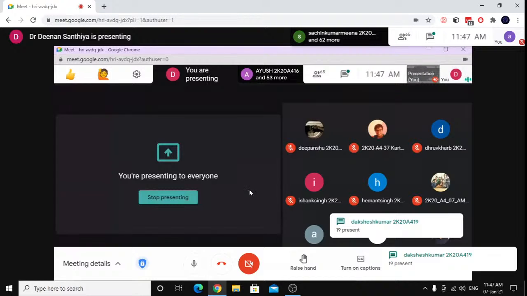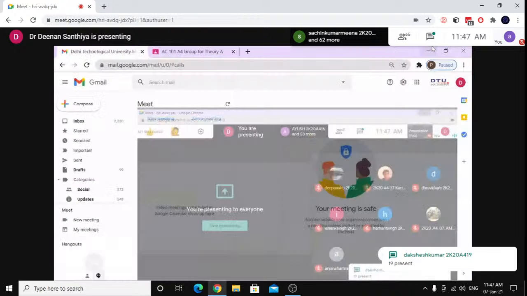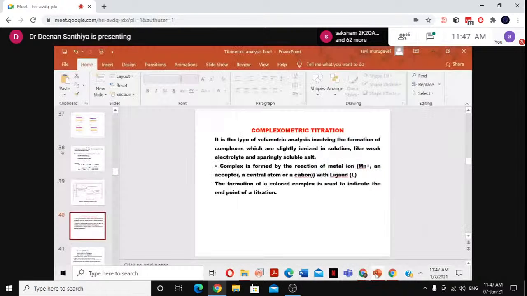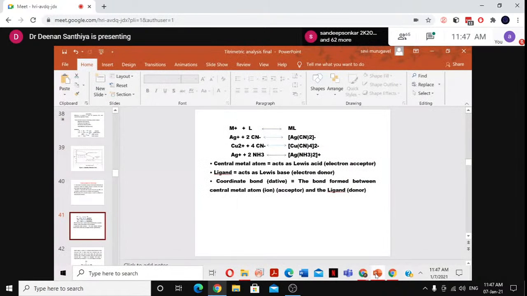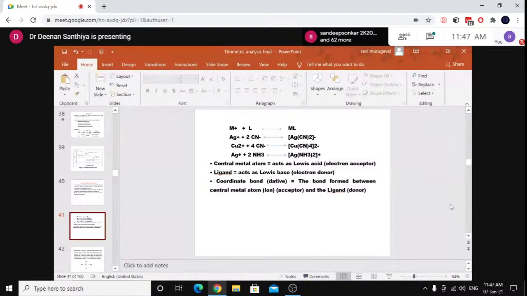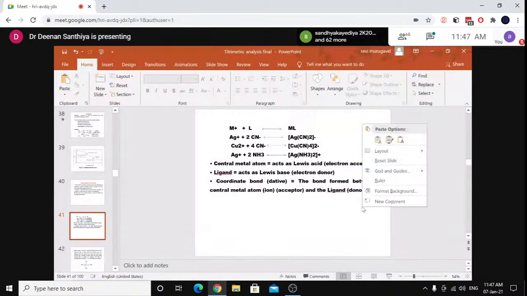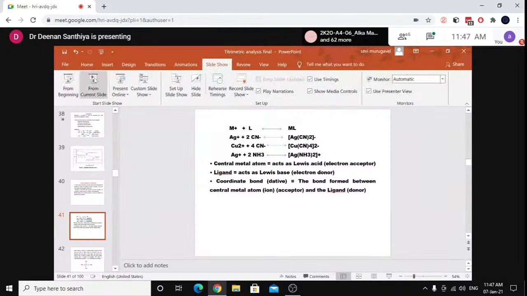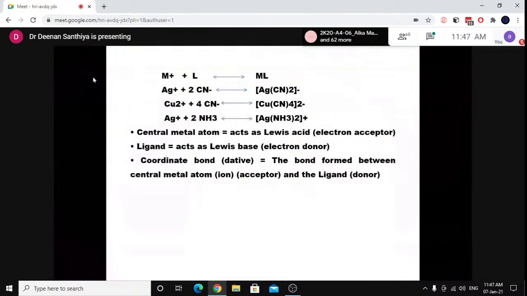Okay, so let me go to the presentation. This is how the complexation is happening. That is M plus, this is a metal ion, and this is a ligand.